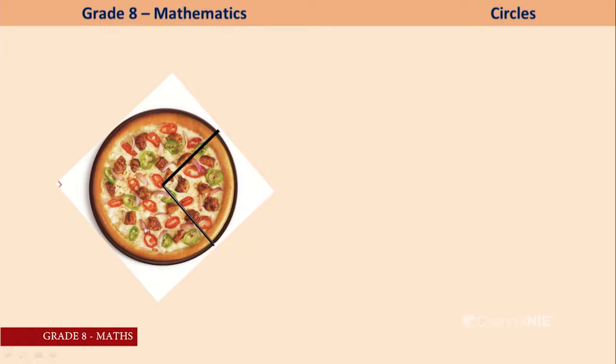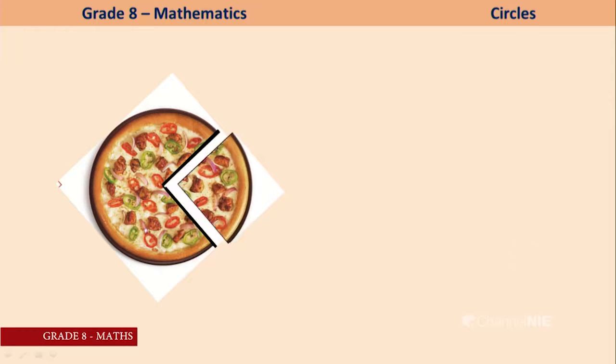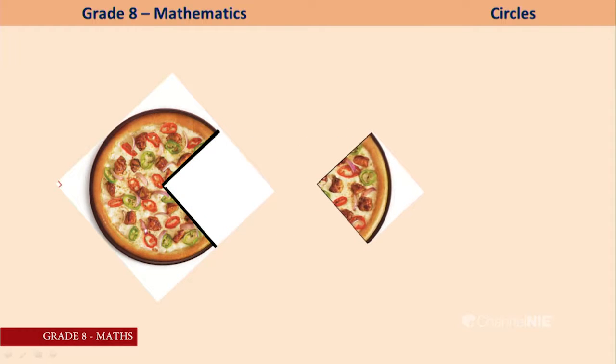There are 2 radii and an arc. So we can separate it like this. So this piece we can call a sector. So a sector is a region of a circle. The sector is bounded by 2 radii and an arc.